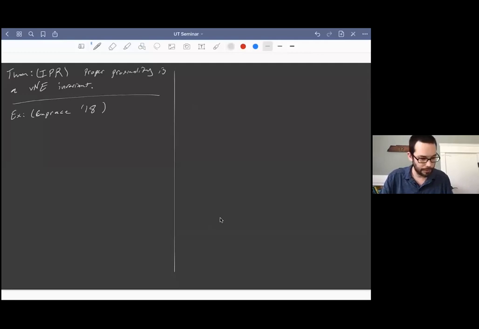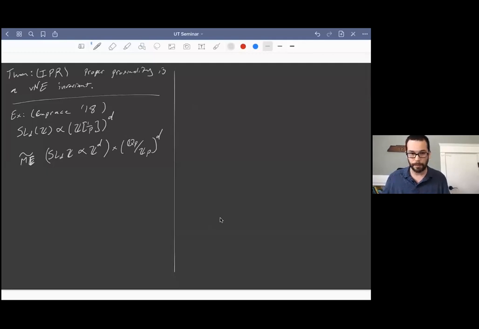If you look at SL_d(Z) and let this act on Z[1/p]^d, and now you look at also SL_d(Z), let this act on Z^d in the natural way, and then take the direct product with Q_p/Z_p^d. What Caprace showed is that these two groups are measure equivalent, because in fact these two groups are both lattices inside of a common locally compact group.